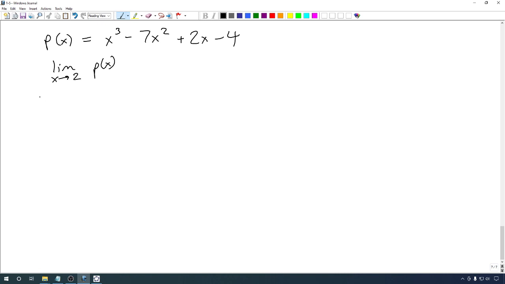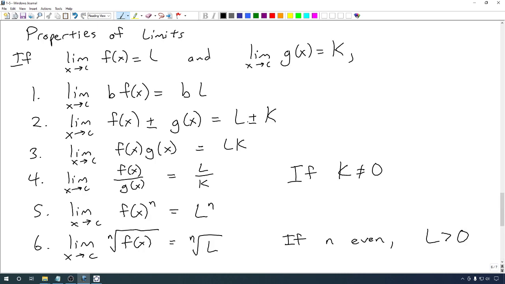And it's pretty simple. P of x is just this thing, but this is just a sum and difference of different things. When I have a sum of things, I can split it up into a limit of the first piece plus a limit of the second piece, because I could essentially just write down the limit as x goes to c of f of x, and the limit as x goes to c of g of x.